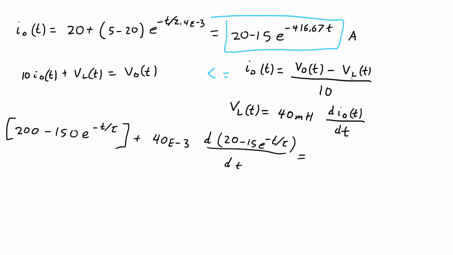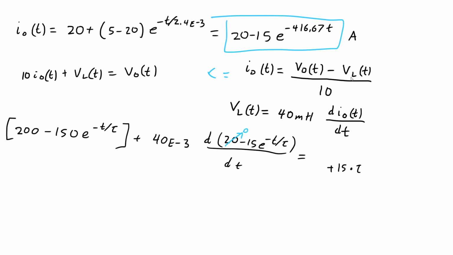So let's see, the derivative of that is going to be 0 because it's constant, and the derivative of the other term is going to be minus 15 times minus 1 over tau, so it's going to become plus.